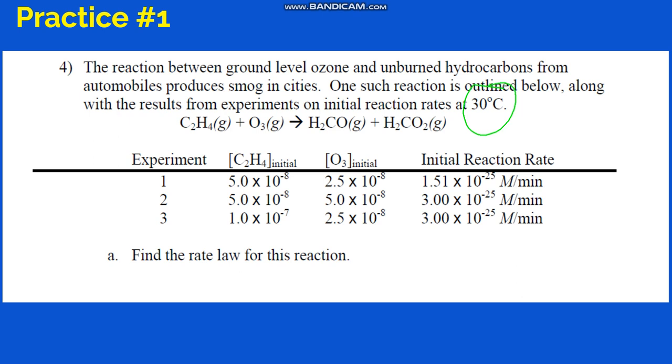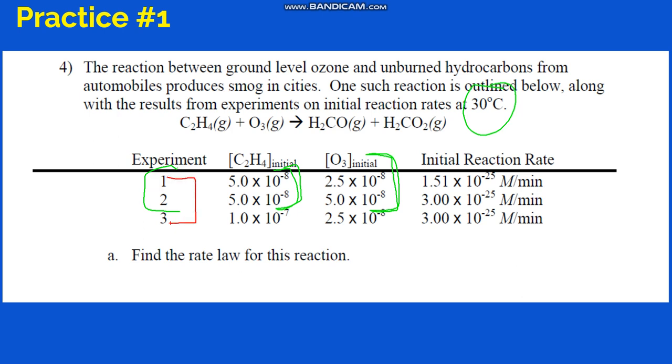For this example, the first thing we're going to do is compare rate 1 and rate 2. The reason we're doing that is because the concentration of the hydrocarbon does not change, but the concentration of our ozone does change. Because that changes, we'll be able to first find the order of the ozone. The second thing we'll do is compare rate 3 and rate 1.